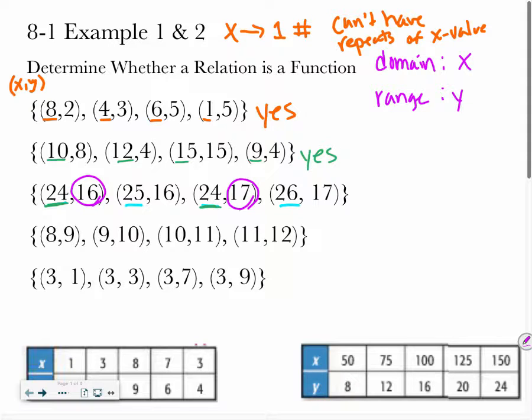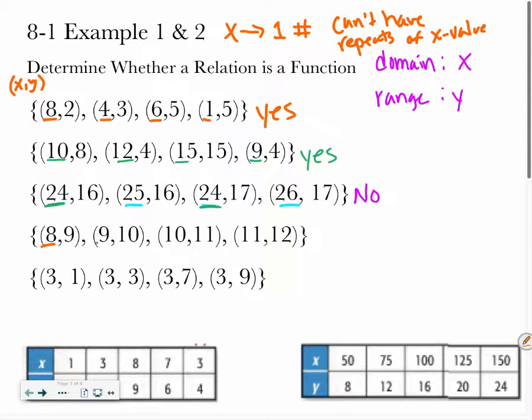Since these two y values are not the same, this is not a function. Or I guess I would just say no, because is it a function? No. If this 17 was a 16, then it would be yes, okay? But since our 16 and our 17 are different numbers for the y value, but we have the same x value, that is no.